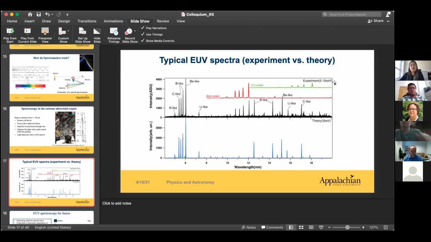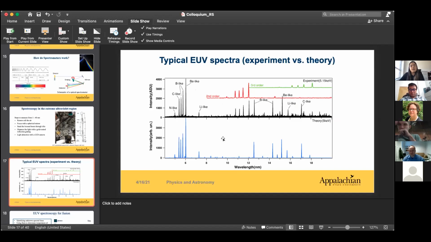Remember, depending on the kinetic energy of the electrons, we can create specific charge states of any element. In this case, we had around 5 kilo electron volts, and we were creating different kinds of ions: lithium-like, beryllium-like, carbon-like, and so on. Lithium-like is where all the electrons are removed except 3. Beryllium-like, you have 4 remaining, and so on.